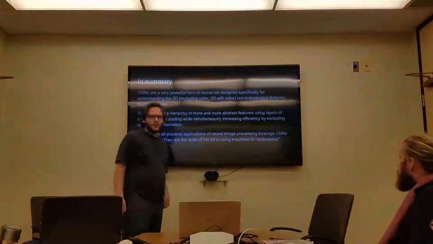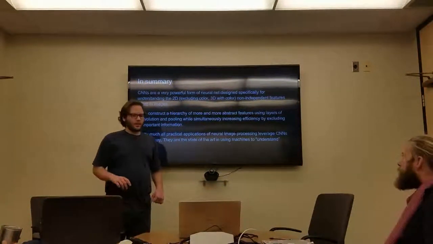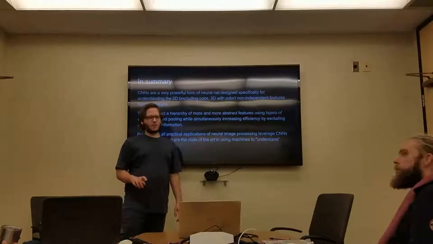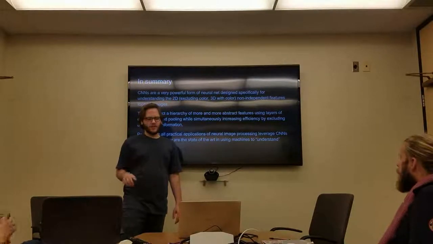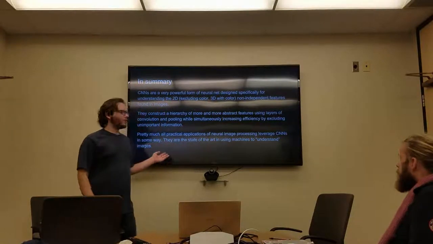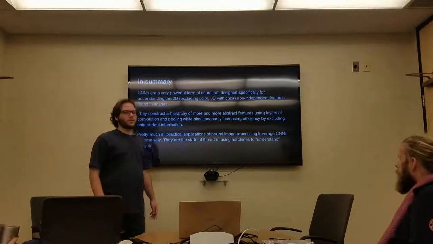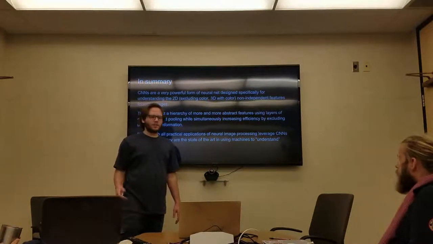But in summary, for this lecture, CNNs are really powerful, really good at image processing. These are absolutely the state of the art right now, as far as machine learning image processing tasks go.